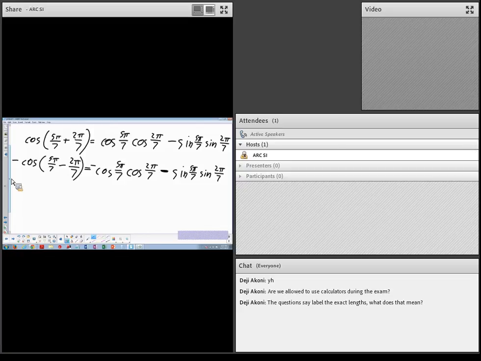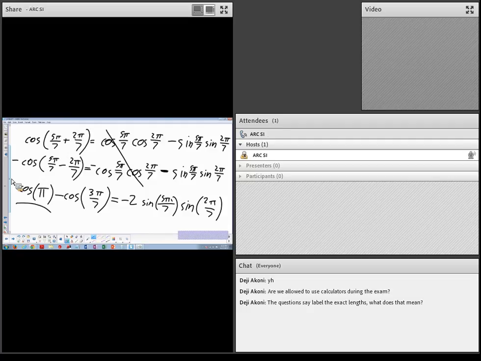These cancel out, and then you get cosine of pi minus cosine of 3 pi over 7 equals 0 minus 2 sine pi over 7 sine 2 pi over 7. You know this, and you can divide by -2.